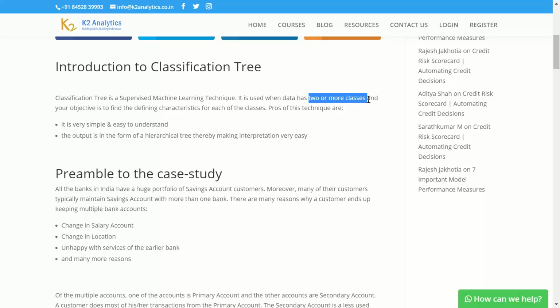You make a marketing offer to a customer, whether the customer will buy the product or not buy the product, yes, no, buy, not buy.